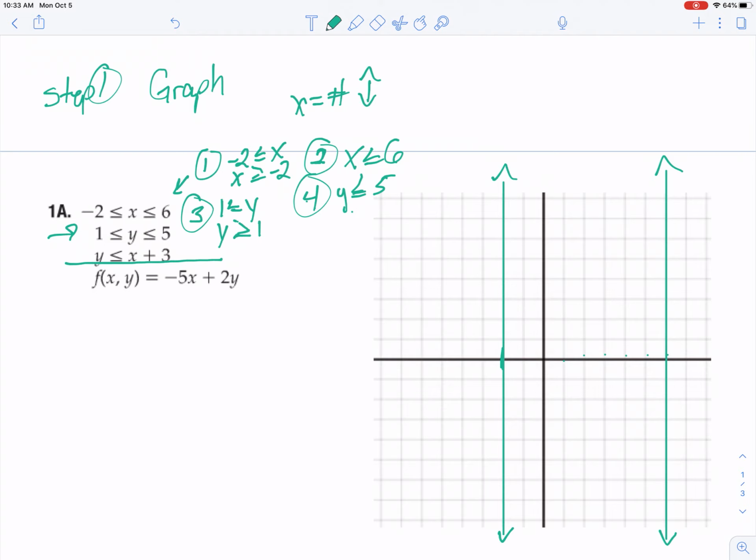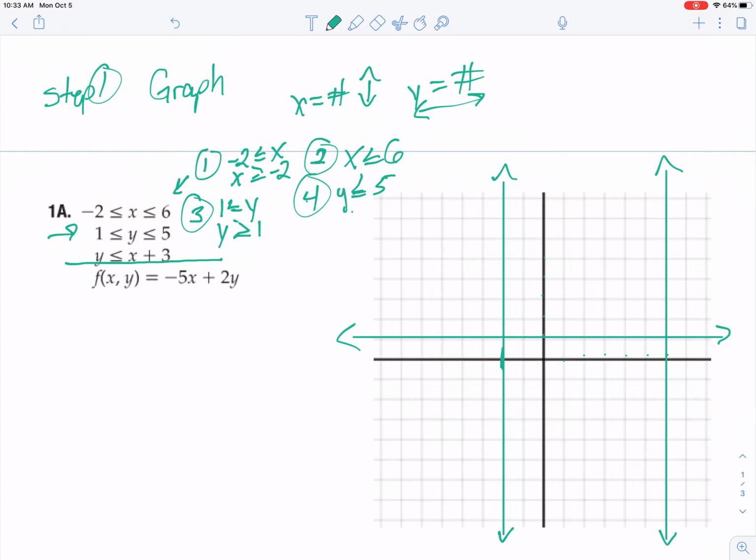Okay, so that means if it's a y equals a number type equation, that is a straight horizontal line. So let's try one, a horizontal line at 1. And if I try one at 5, 1, 2, 3, 4, 5.